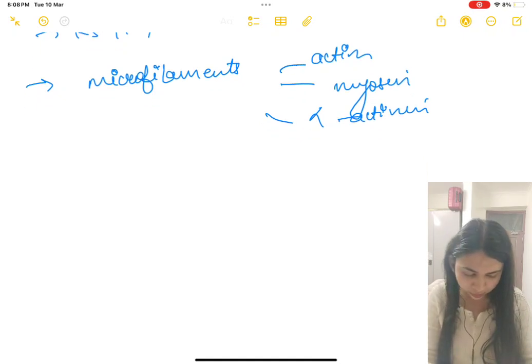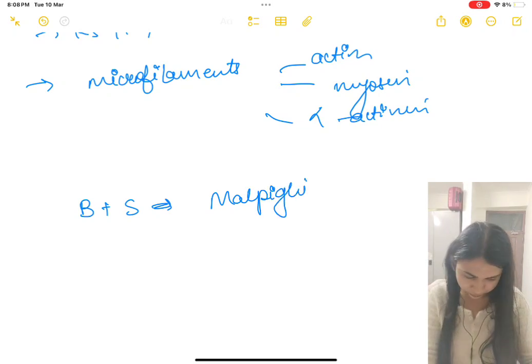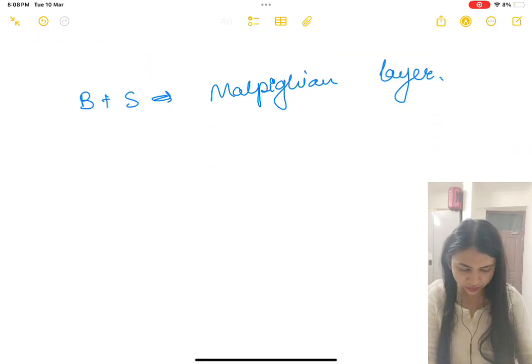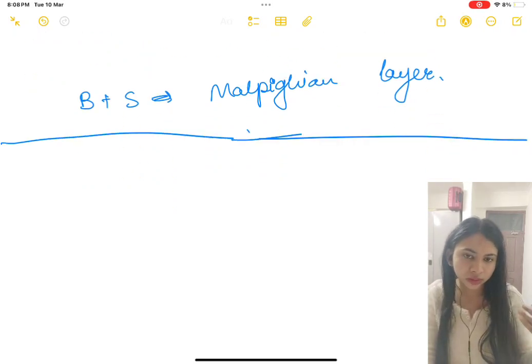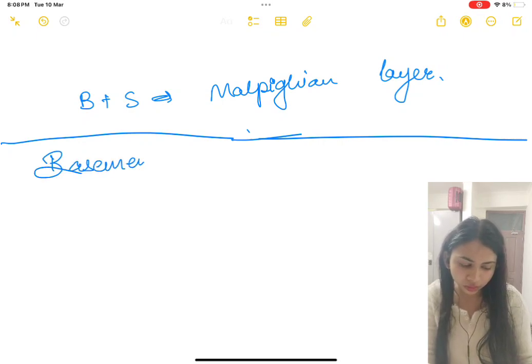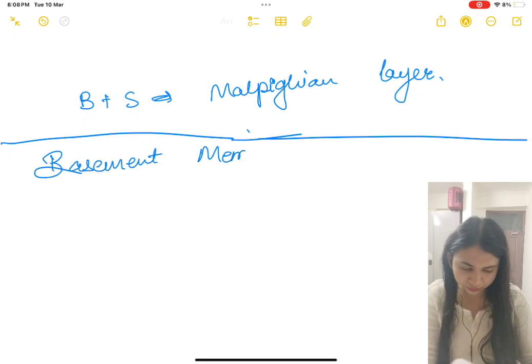Now, stratum basale plus stratum spinosum, both together is called as Malpighian layer. Malpighian layer. M equal to B plus S. Yes. Now, here our epidermis ends. Now, between epidermis and dermis, you have your basement membrane zone or dermoepidermal junction.